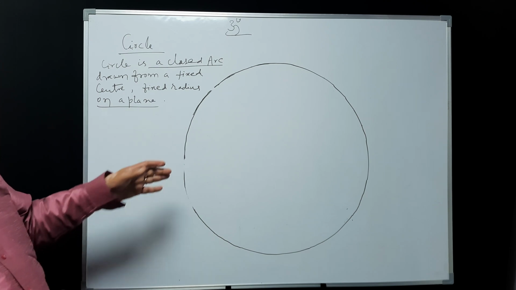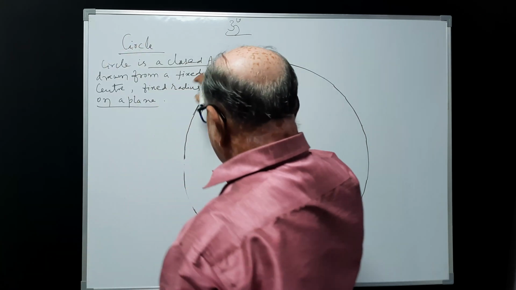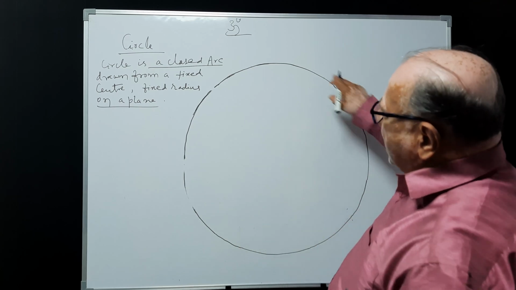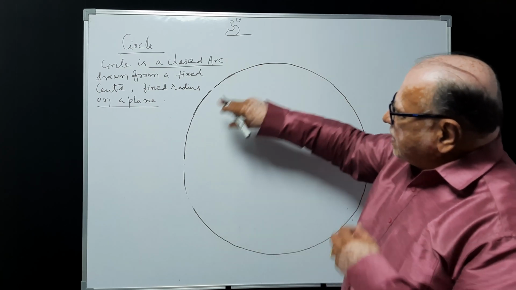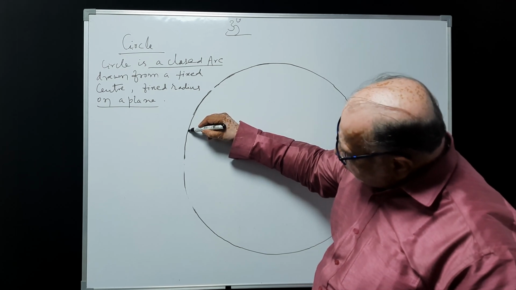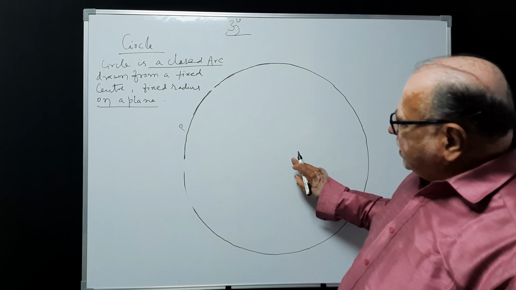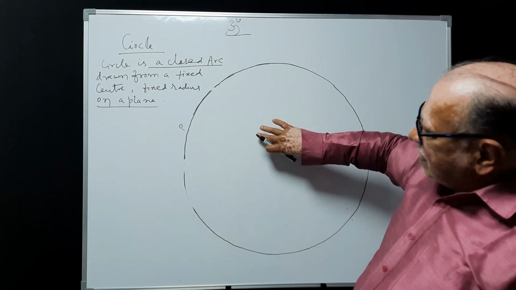There are many other definitions. Like if you consider this path, where the arc is completed. It is a curved path. Suppose you consider one moving point here, say a moving point P, and a fixed point as center.